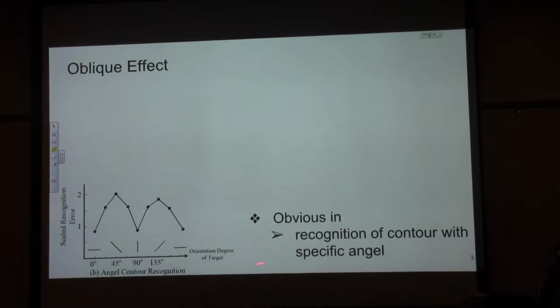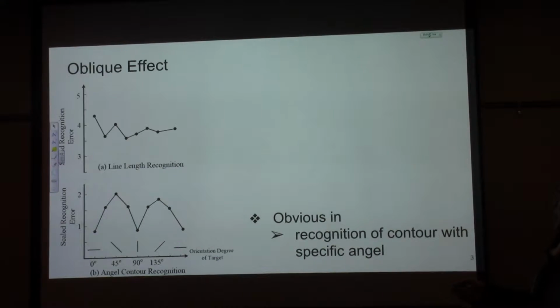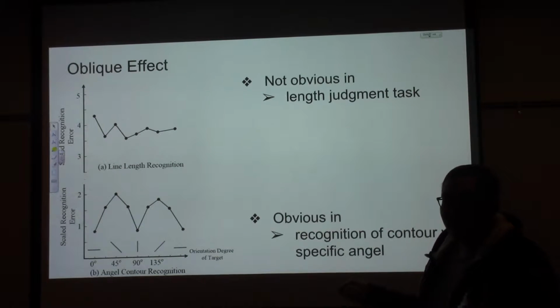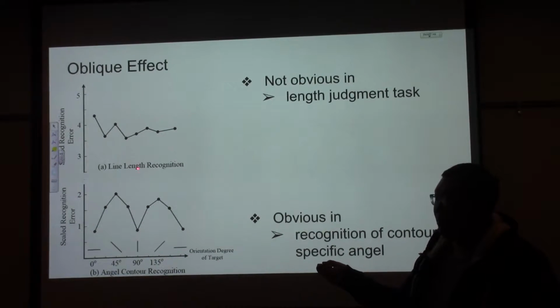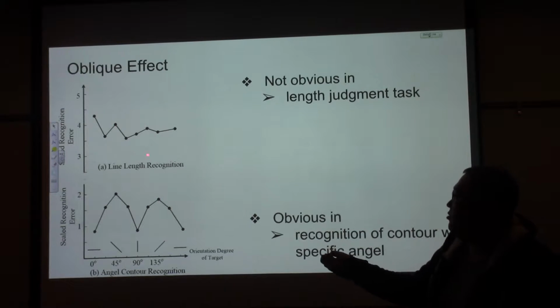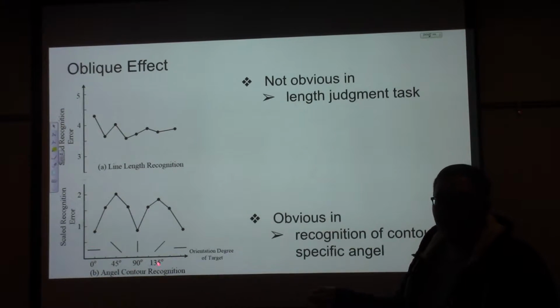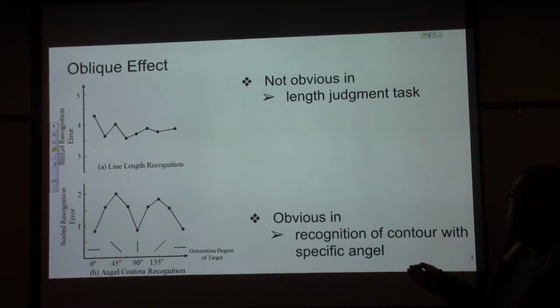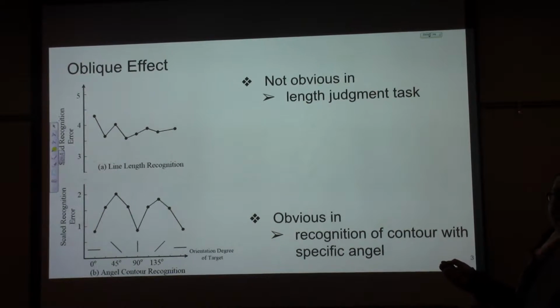This effect is also very obvious in the recognition task of contours with specific angles. But if you change the task of recognizing parallel lines into a line length recognition task, you find the variability with the oriented angle changes not as much. So it's not very obvious in a length judgment task.